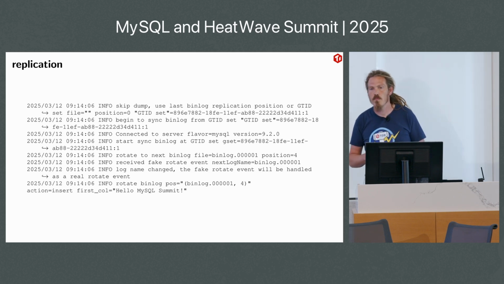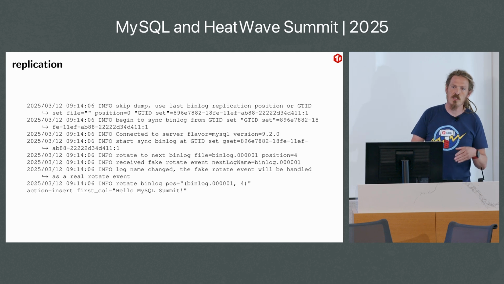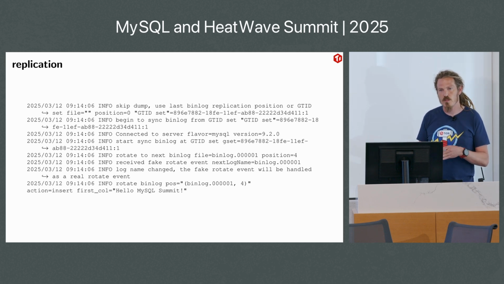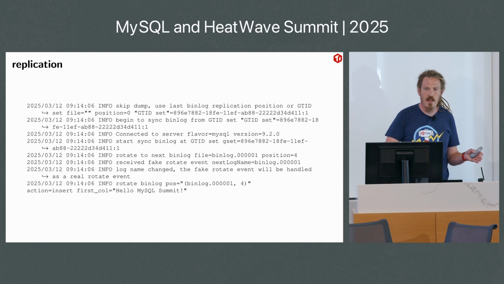Is there a specific use case to use Canal over replication, or is it just a different implementation? Okay, so the question is, are there any specific use cases when to use one or the other? It's just up to you if you want to use Canal or the other interface.